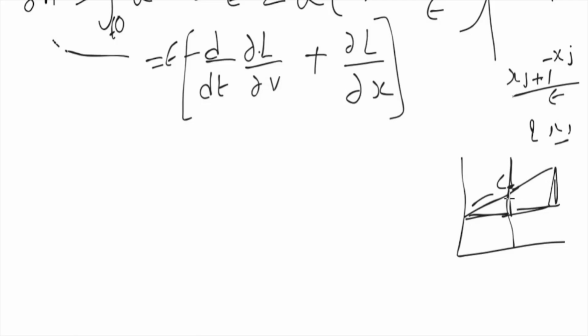So if we move xj a little bit here, then this velocity will change, which is associated with j minus 1, and the velocity which is associated with j plus 1, because if this is changing, this is the slope. Slope will also change. So the velocity associated with j minus 1 will change here, and the velocity associated with j plus 1, because it is attached, will also change.